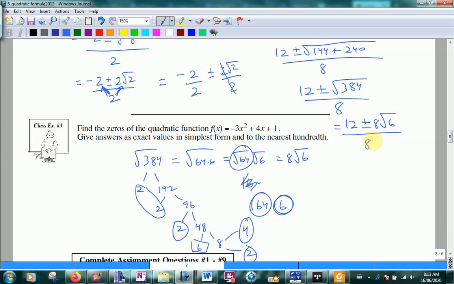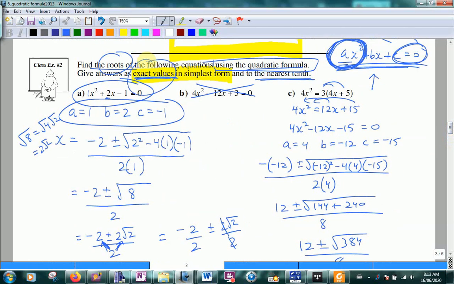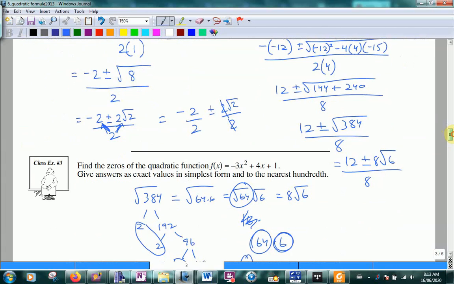Okay, so there's my two roots. Again, I'm answering this question with exact values. Otherwise, I would have just put this in the calculator a long time ago if all I wanted was a decimal, okay? What goes into 12, 8, and 8? Is there a number like 4?